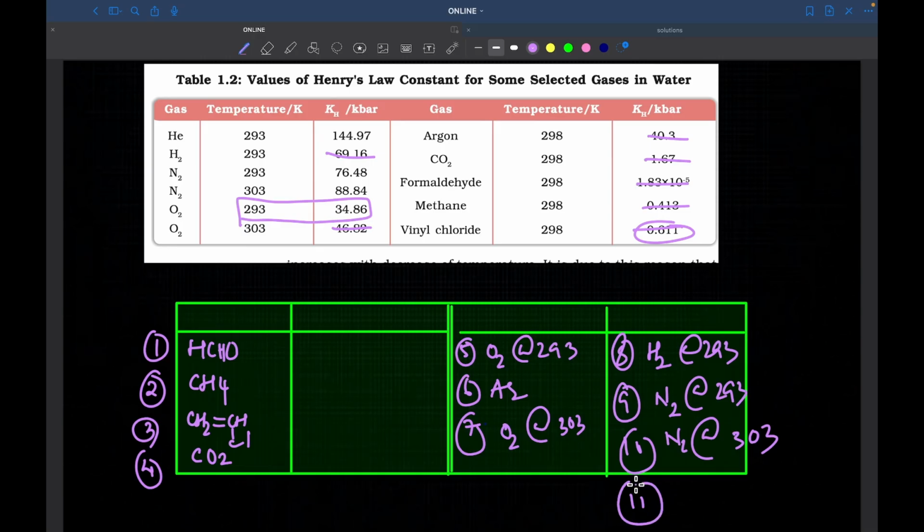And on the 11th place, you have got helium at 293 Kelvin. So this is the order of how they are being placed, right? You should be able to write in increasing and decreasing order, then only you will understand the concept here.